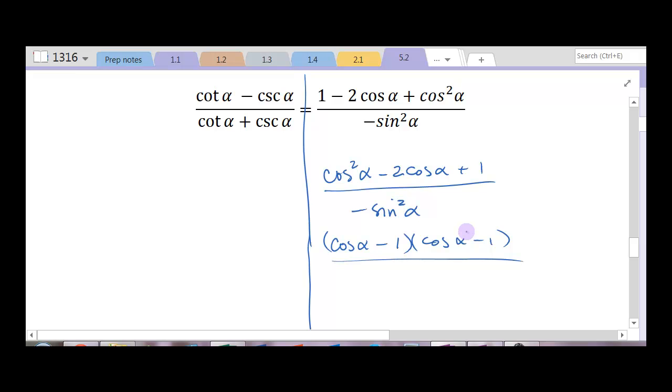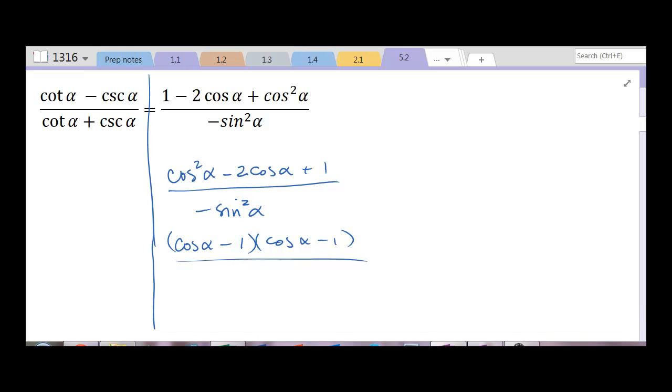Okay, the denominator, so I have cosines in the numerator, and I think I want to try to turn everything into cosines because I recognize that sine squared alpha can be rewritten using the Pythagorean identities. So off to the side, I'm going to look at that for just a second.